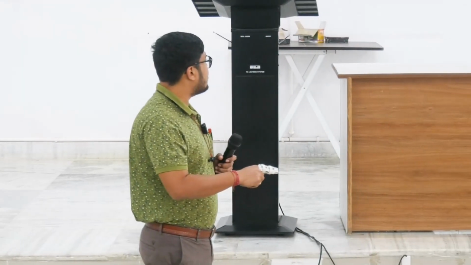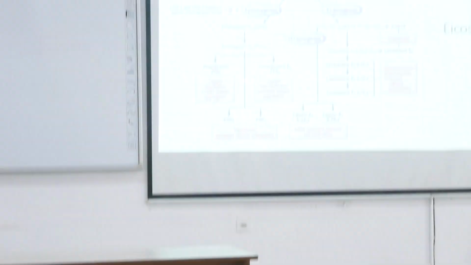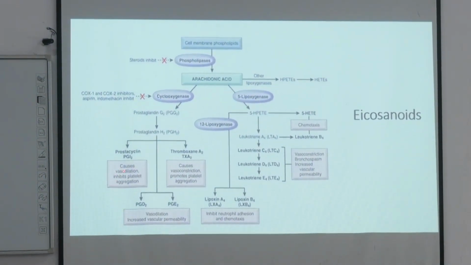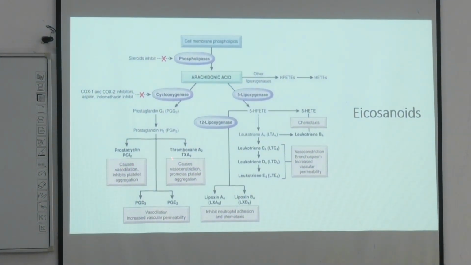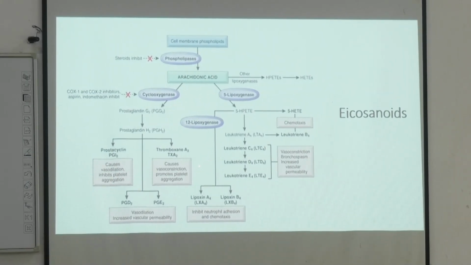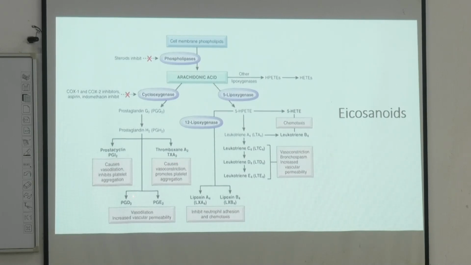So what are their functions? Thromboxane A2 causes vasoconstriction and promotes platelet aggregation, but prostacyclin inhibits platelet aggregation and causes vasodilatation. The most important in the cyclooxygenase arm are prostacyclin and thromboxane A2. Others are PGD2 and PGE2, which are also involved in vasodilatation and increasing vascular permeability.